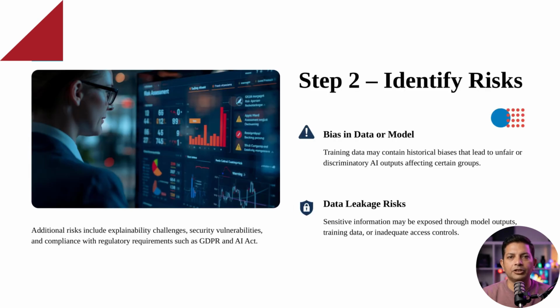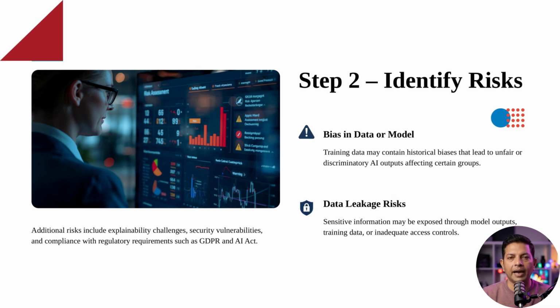Once the use case is defined, the next step is to identify potential risks. This is where you systematically think through what could go wrong. Start with common AI risks: bias, where decisions may be unfair; data leakage, where sensitive information could be exposed; lack of explainability, where decisions cannot be justified; and security risks, such as adversarial attacks.